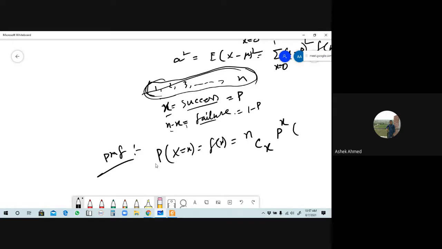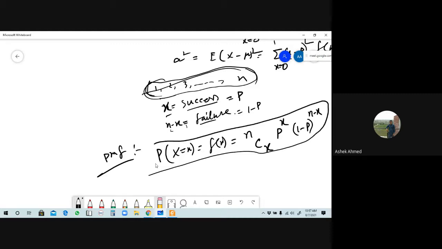And failure is 1 minus p. In that case n minus x represents failure, so the power of 1 minus p will be n minus x. This represents the PMF of a binomial distribution, understand?